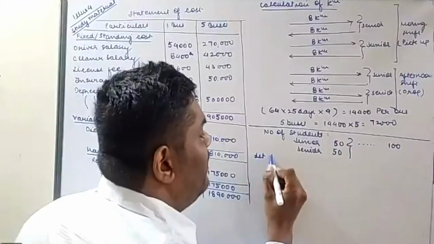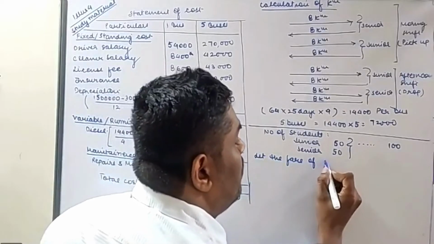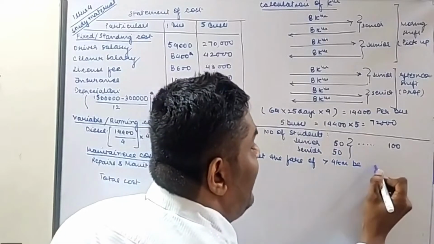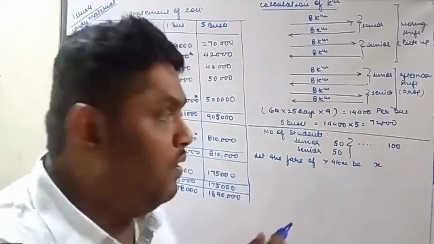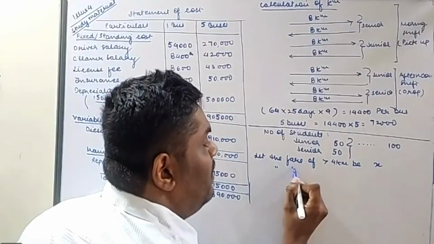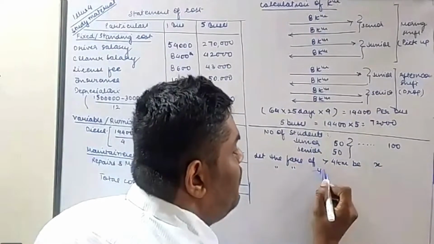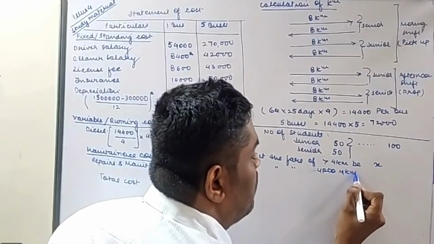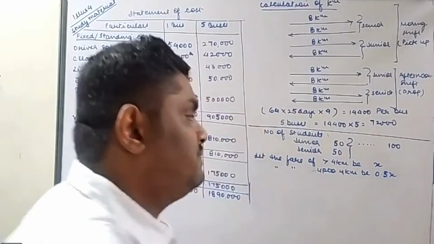So let the fare of more than 4 kilometers be X. So the fare up to 4 kilometers be 0.5x.